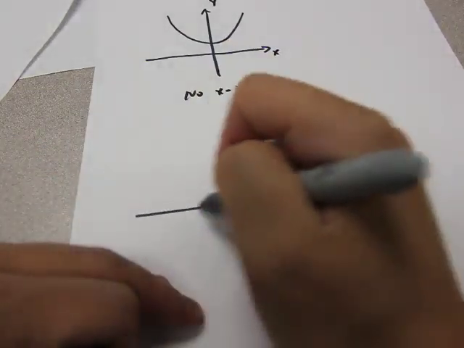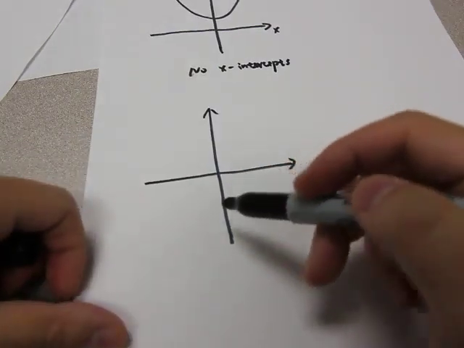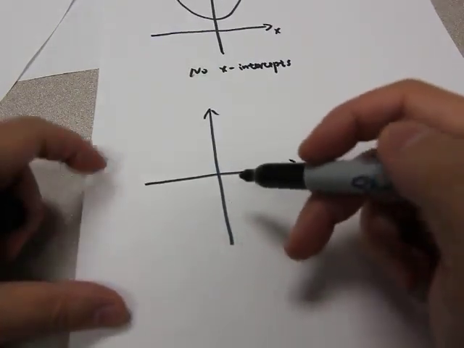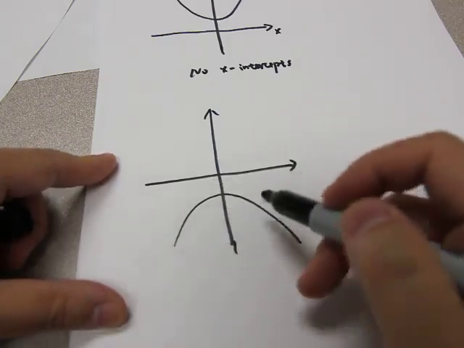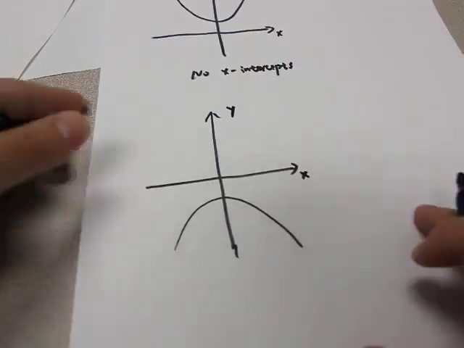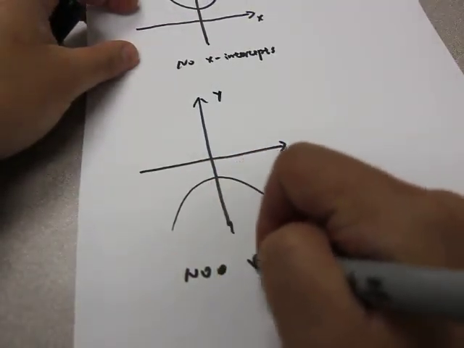Another possible situation is when we have a parabola that opens down, and it is way below the x-axis. In this case, we don't have an x-intercept.